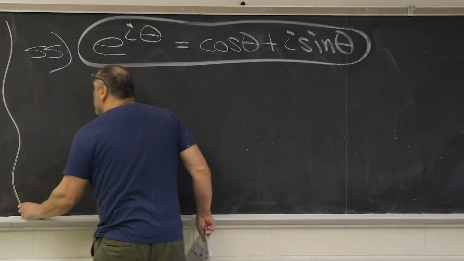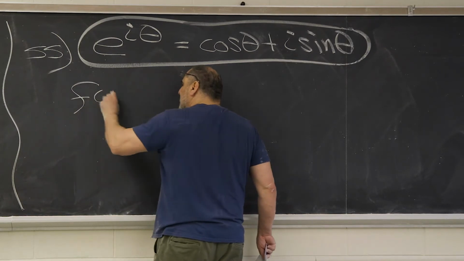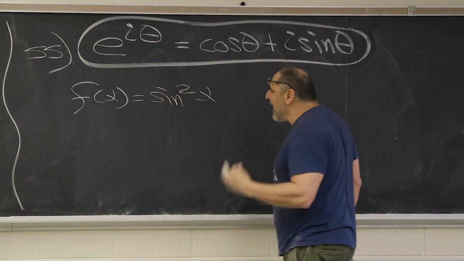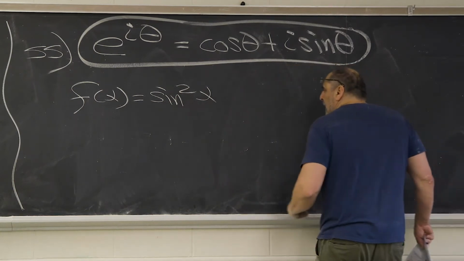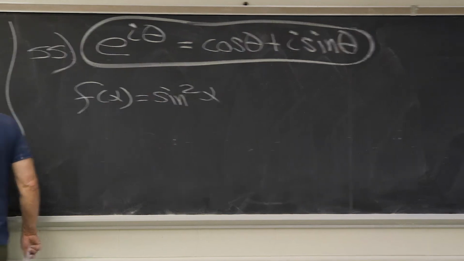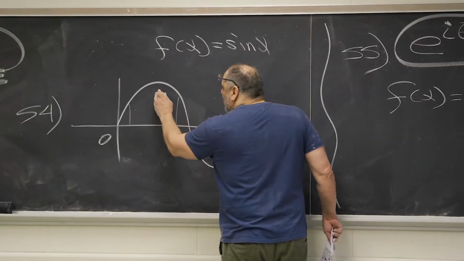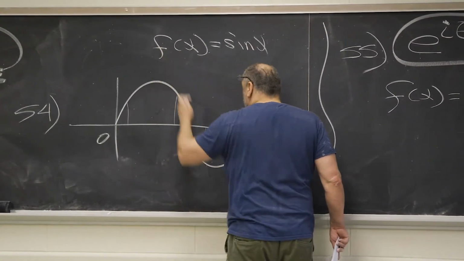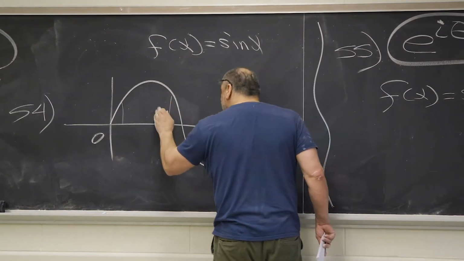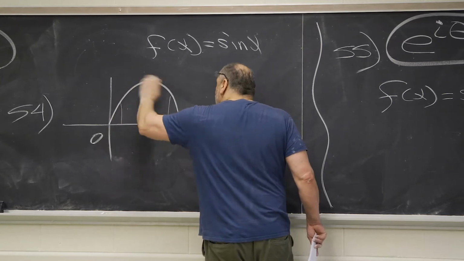For this one right here, you guys, they're talking about f of x is equal to the sine squared of x. And now that's a little different dynamic. If you were to take this function and square it, it's going to remain positive here, and this is also going to be positive, looking exactly like this little mountain.